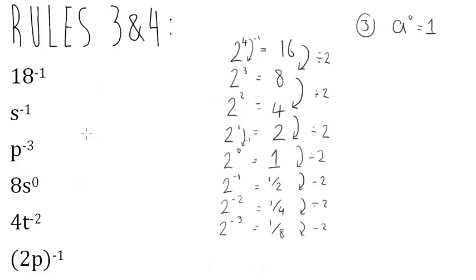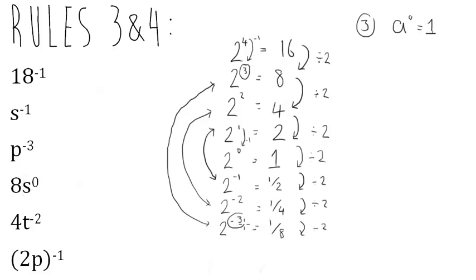Now, one thing you might notice is we can actually pair these terms up. And what do we see? Well, we see that 2 to the power of the positive index, for example 2 to the power of positive 3, we can match with 2 to the power of negative 3, and the answers are the reciprocal of each other. They're 1 over each other.